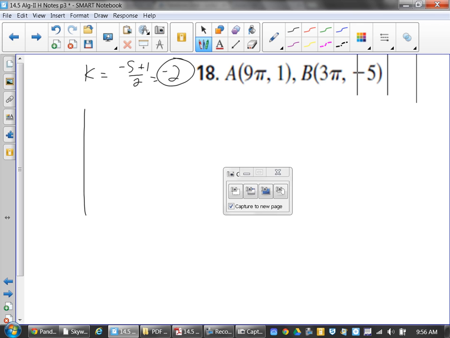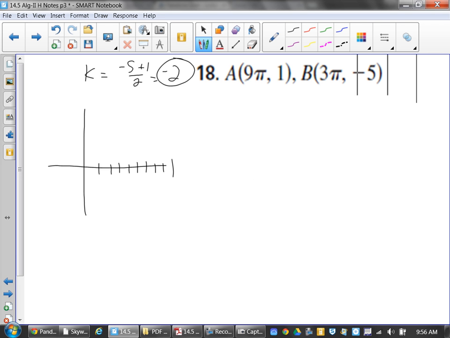I'm going to look at what this looks like. We have a maximum at 9 pi and 1, and a minimum at 3 pi here.